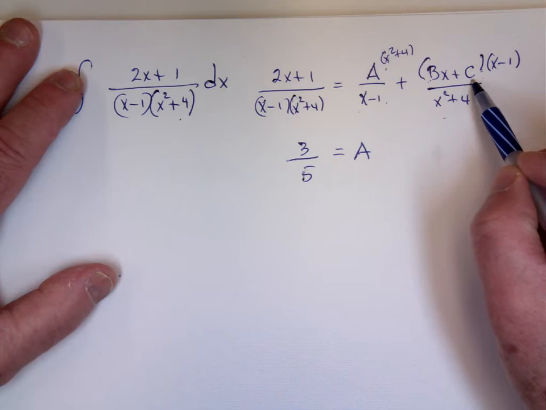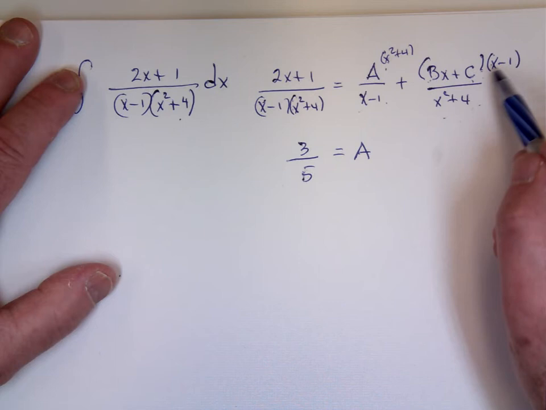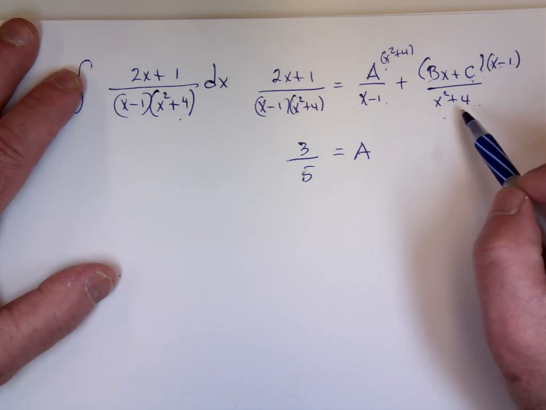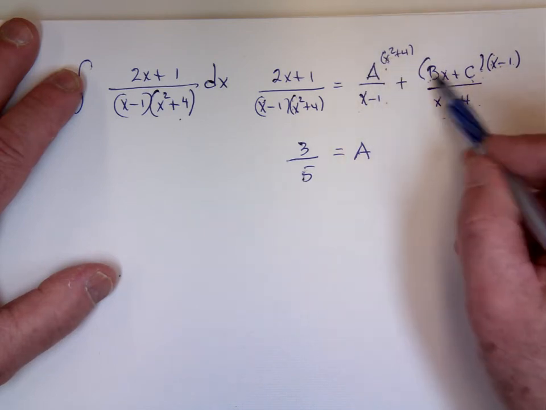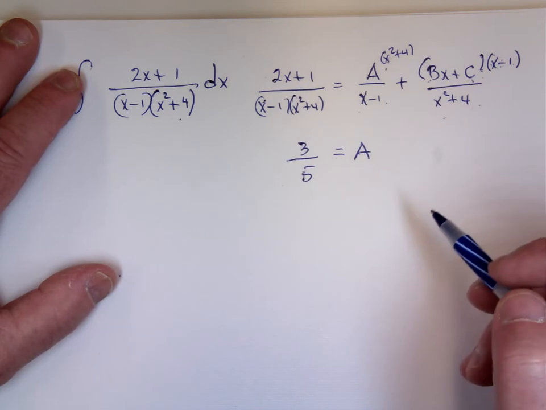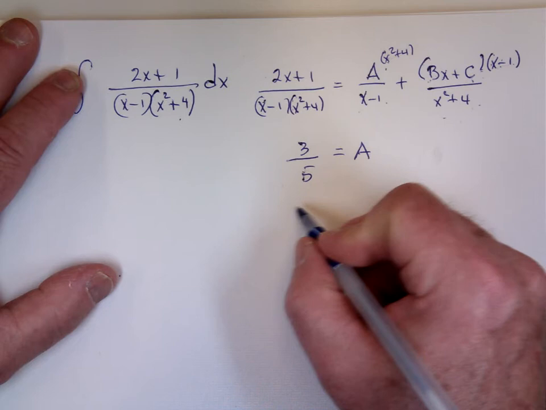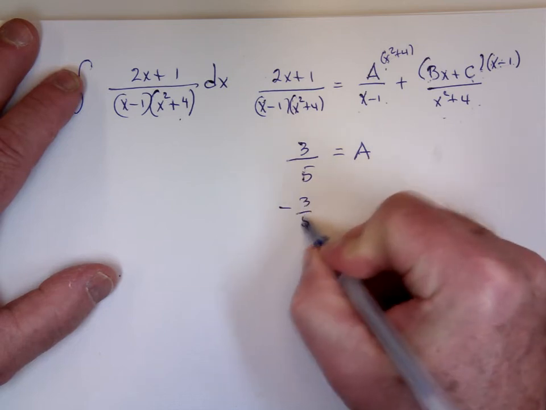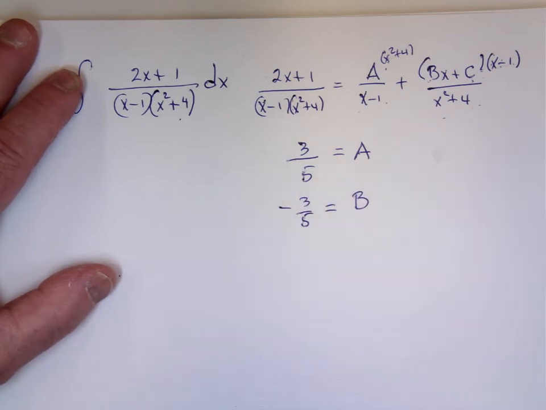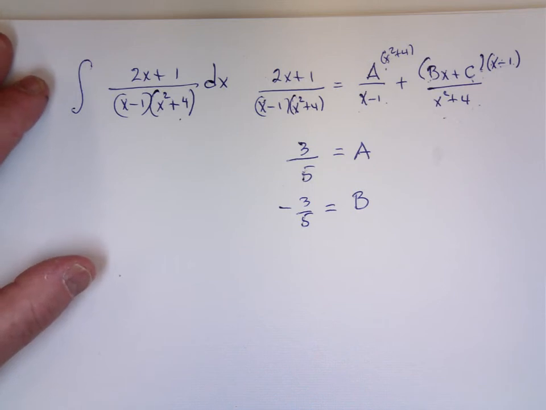You'll have a cx and you'll have a minus c, but no cx squares. I'll have an ax squared and a bx squared. How many x squares do I have over here? 0. If a is 3/5, what's b? You bet it is. Because a plus b must be 0 in this case because I have no x squares.